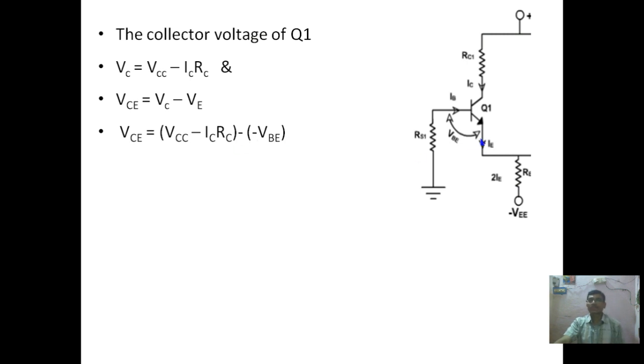Because here we have the minus voltage and here we have the plus voltage, we have to take it as minus VBE. So minus of minus becomes plus, and that's why the VCE output voltage is equal to VCC plus VBE minus ICRC.